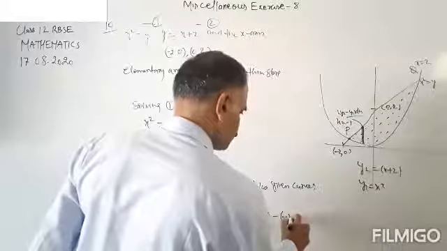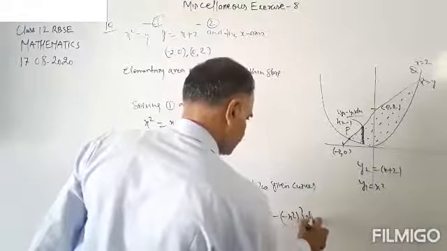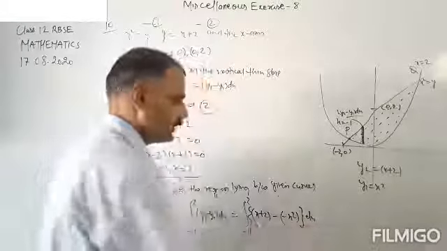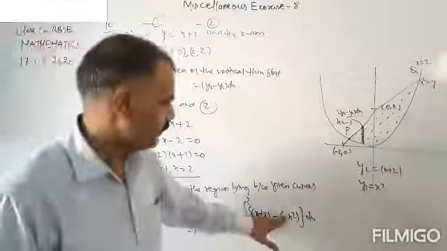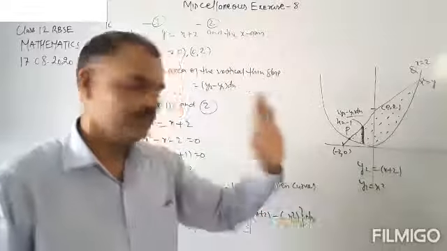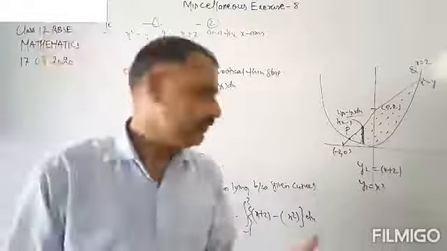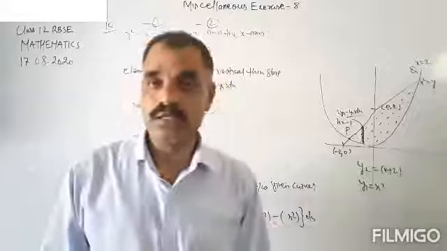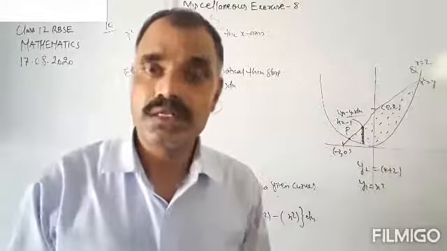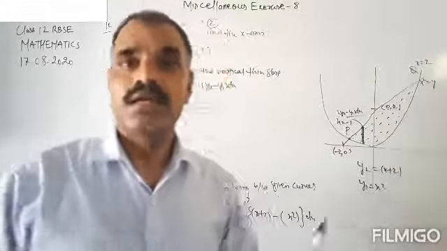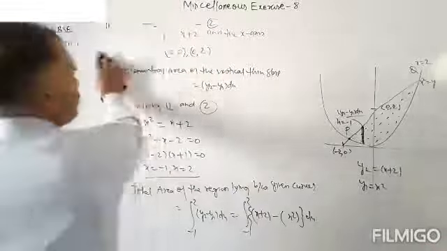So minus x square dx. This integral from minus 1 to 2 is the total area of the region lying between the given two curves.